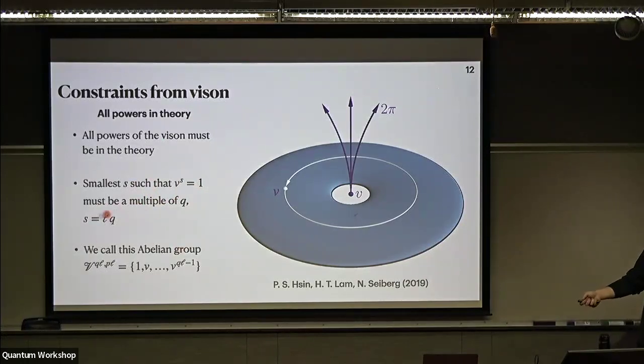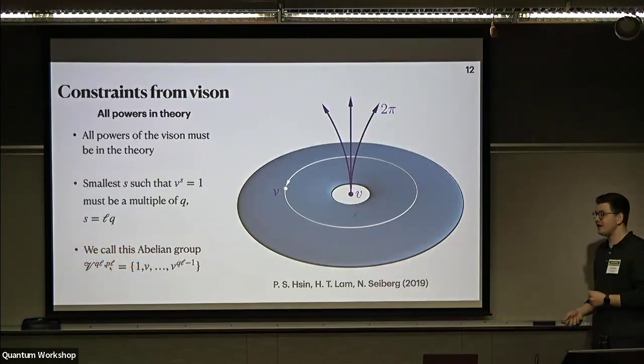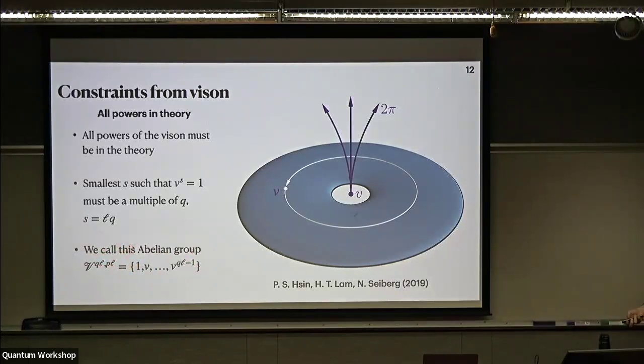So the order is S, and that's a product of L times Q. We call this abelian group B(QL, PL). I apologize for the mathematical notation, but if you read the paper as I hope, then hopefully this talk makes it more digestible. So the first index here just tells you how many non-trivial powers of the vison you have, and the second tells you its topological spin.